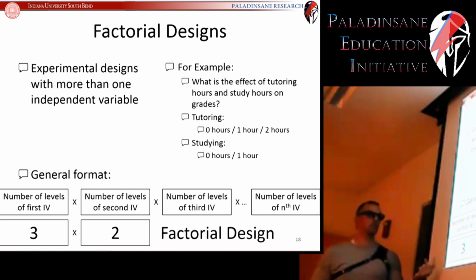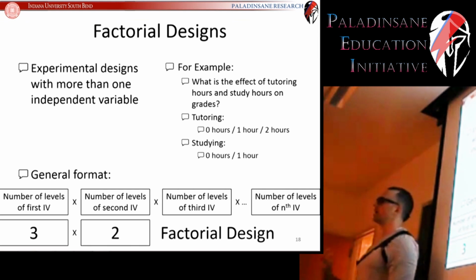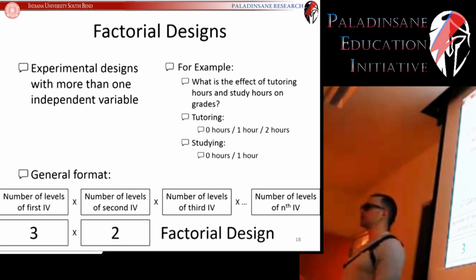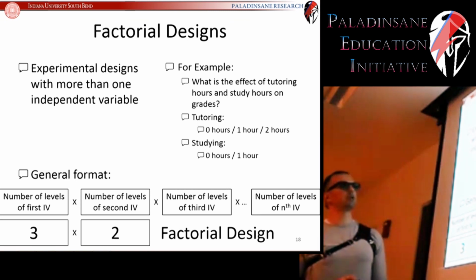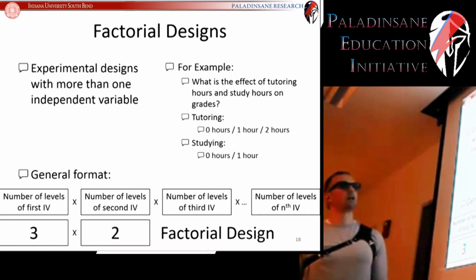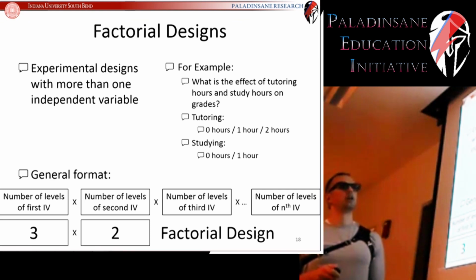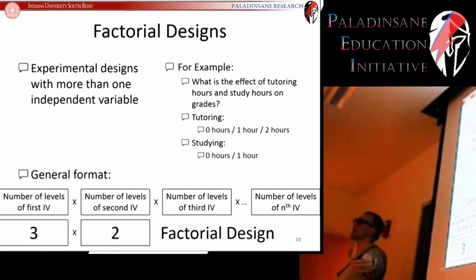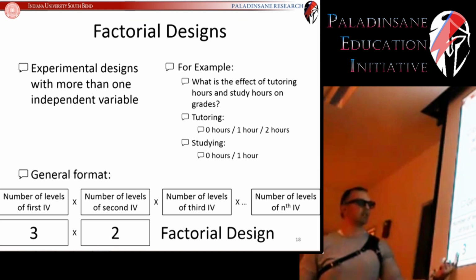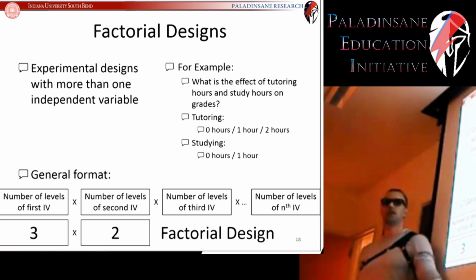This multiplication is a way of summarizing how many different conditions are in this one experiment. We've got 3 tutoring conditions and 2 studying conditions, and a factorial design uses every combination of your conditions to form the entire set of unique conditions. In this case, 3 times 2, we get 6 unique conditions.